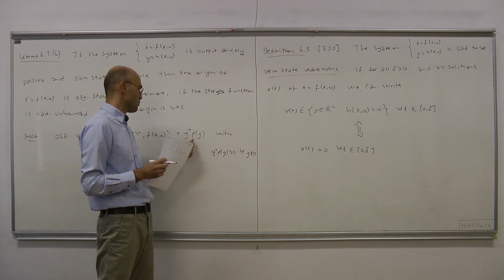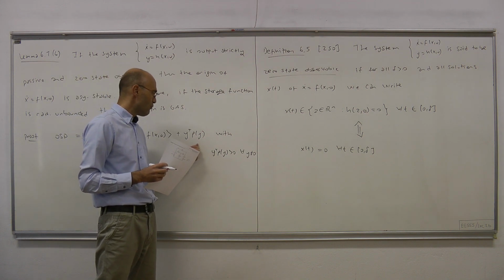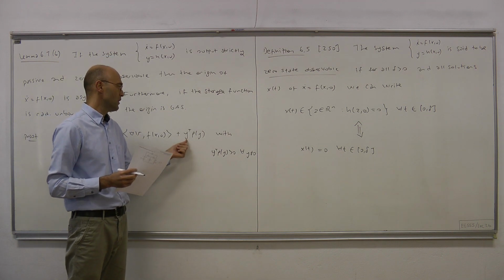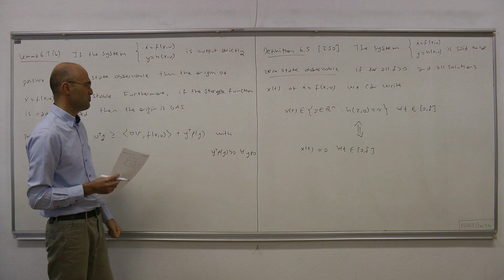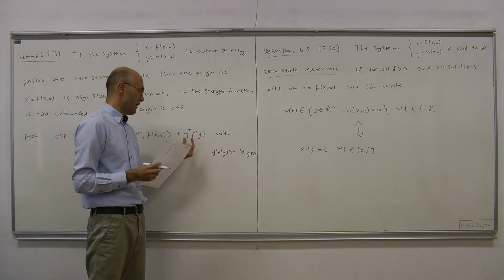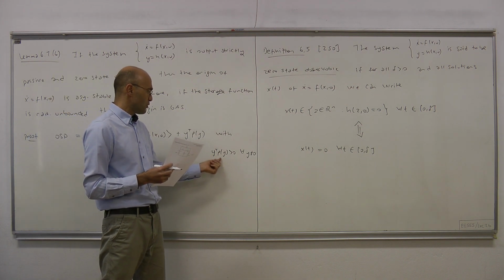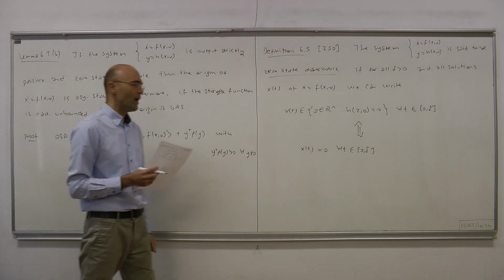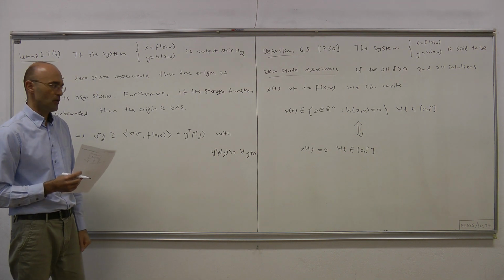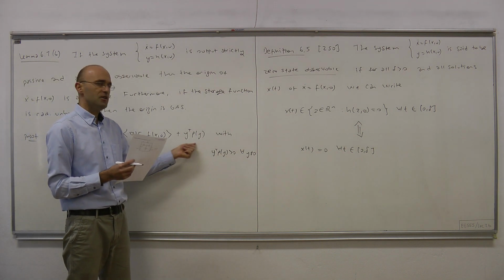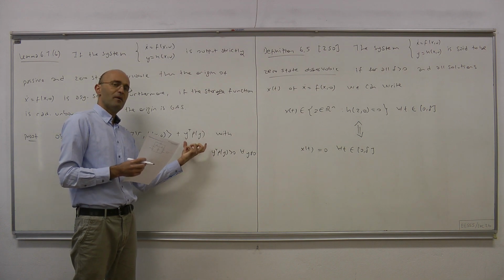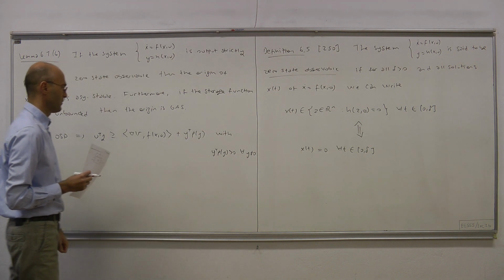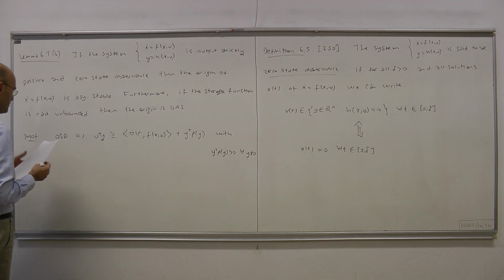We have y transpose times rho of y. Rho of y is a vector, the same size as the output. Therefore, this inner product is meaningful and it's a scalar. The property of rho is such that this is always positive, provided that y is different than 0, and for y equals 0, clearly it's 0. Therefore, here we're talking about a positive definite function with respect to y. So that's output strict passivity.